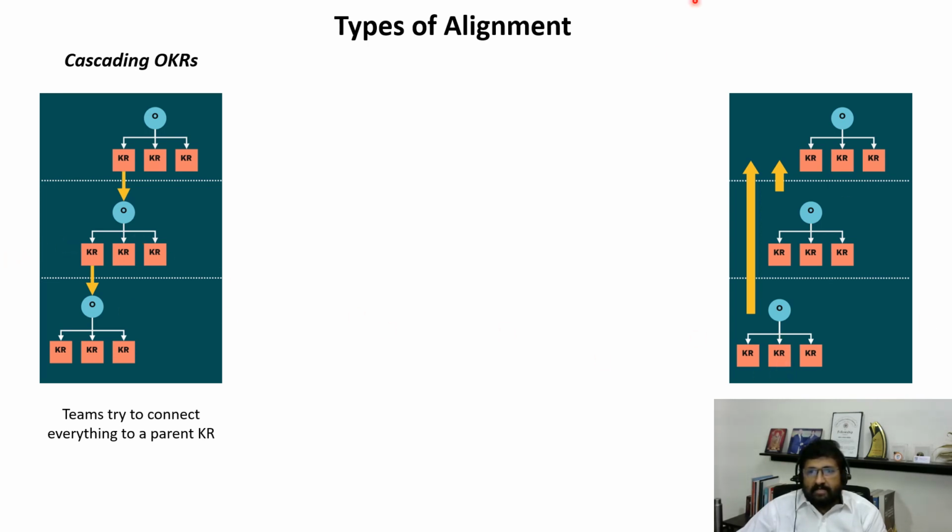So what's happening here is everybody acknowledges the parent OKRs, but they don't connect every OKR as a KR. They respect and recognize the OKR, and then they start working on their own OKRs to align with that, not copying or cascading it. This is called aligning OKRs.